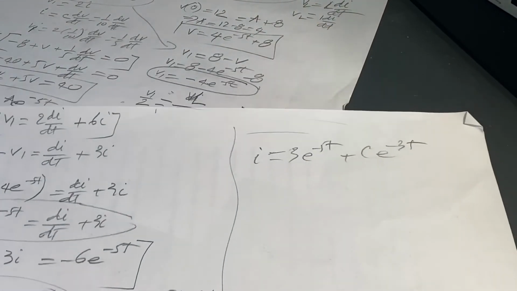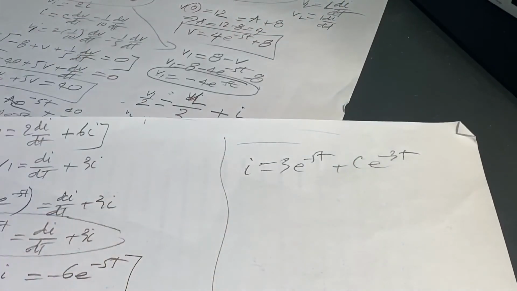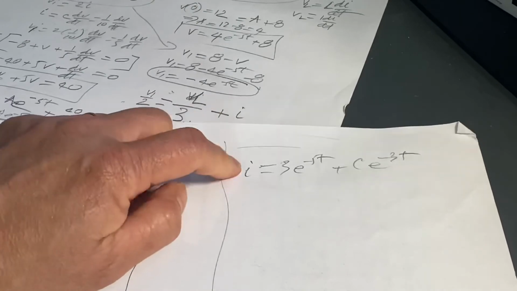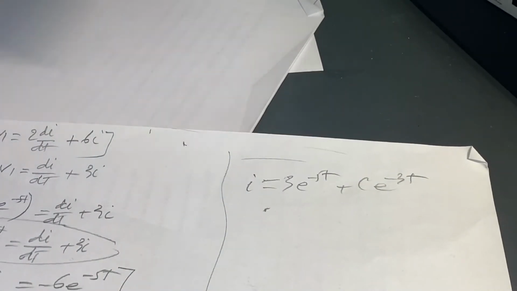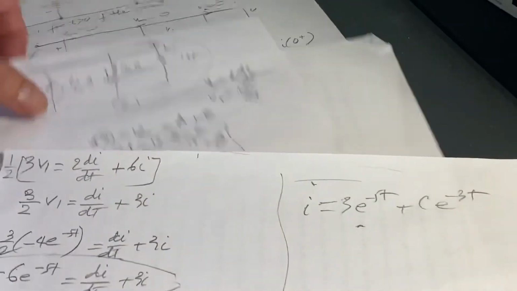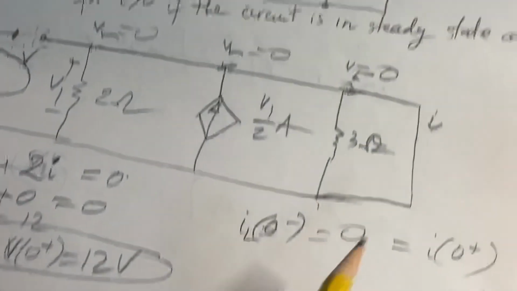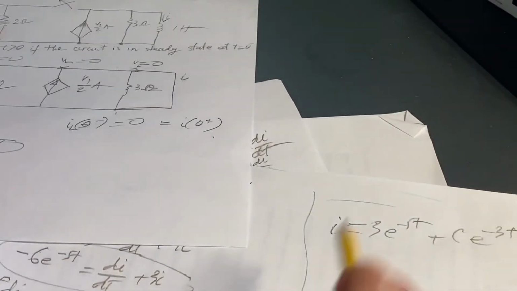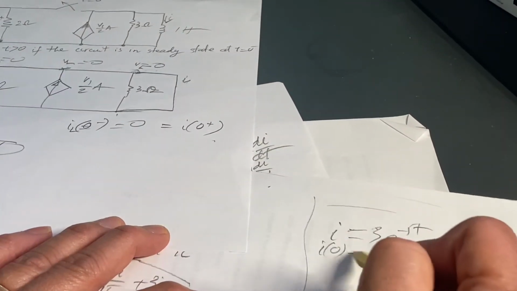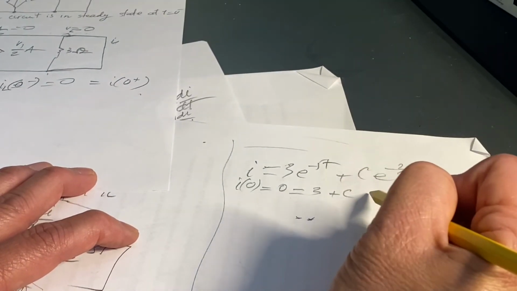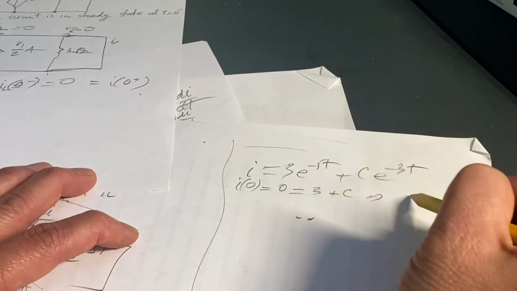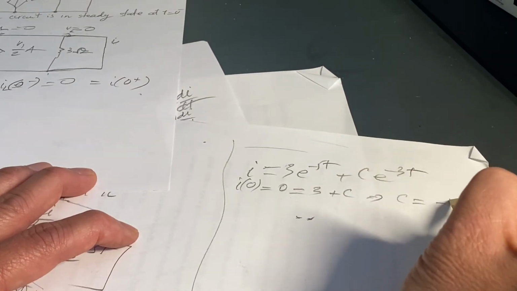To find c, I have to use the initial value of the inductor current IL. I know the initial current value of IL is 0, as I saw at the beginning. So I of 0 equals 3 plus c, so c equals minus 3.